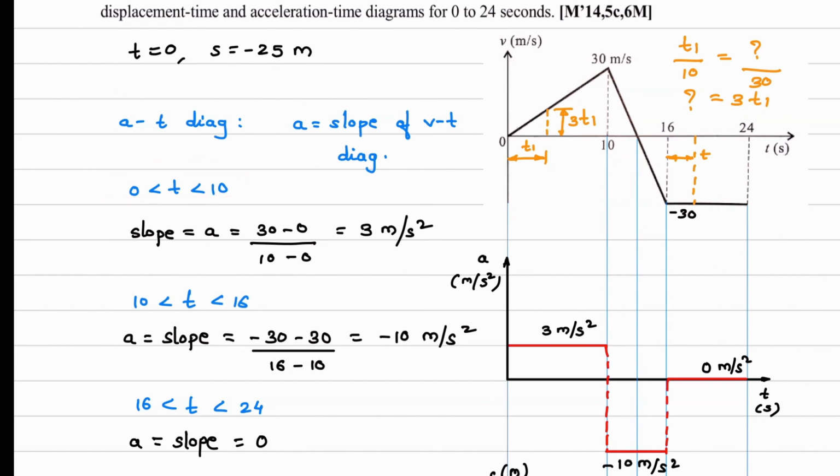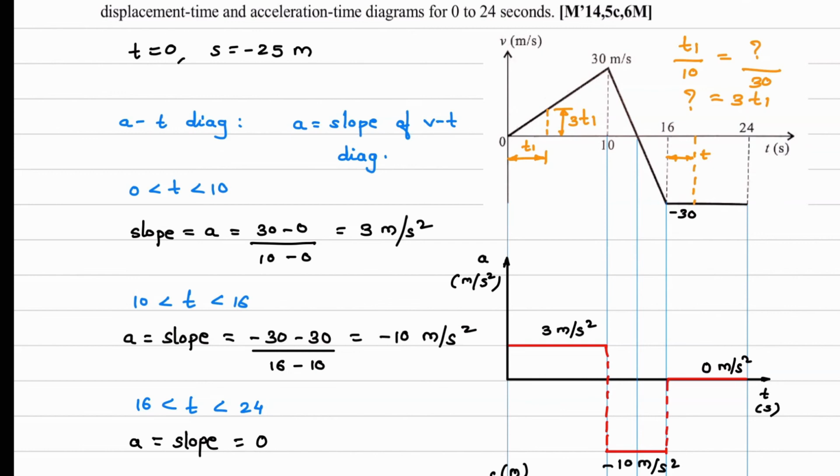So when time is in between 0 to 10, what will be the slope? Acceleration is dv by dt. Now what is this dv by dt? dy by dx, so 30 minus 0 upon 10 minus 0. We got 3 meter per second square. Now how to mark this on the AT diagram?